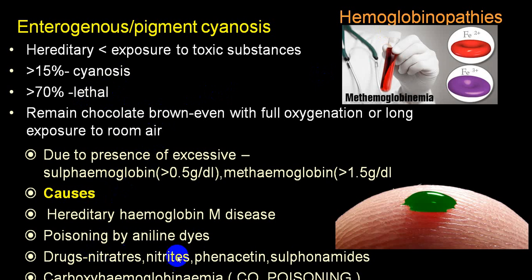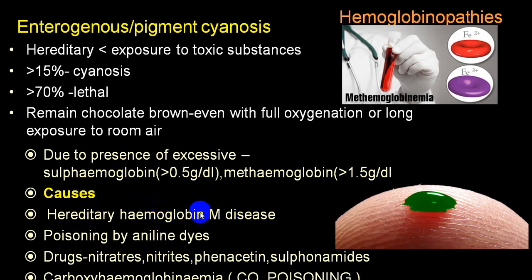Sulfhemoglobin is very common because of sulfonamides and nitrates, while in methemoglobin, there is a genetic factor plus nitrates, nitroglycerin, aniline dye, etc. And there is a defect in hemoglobin we call hemoglobin M disease.